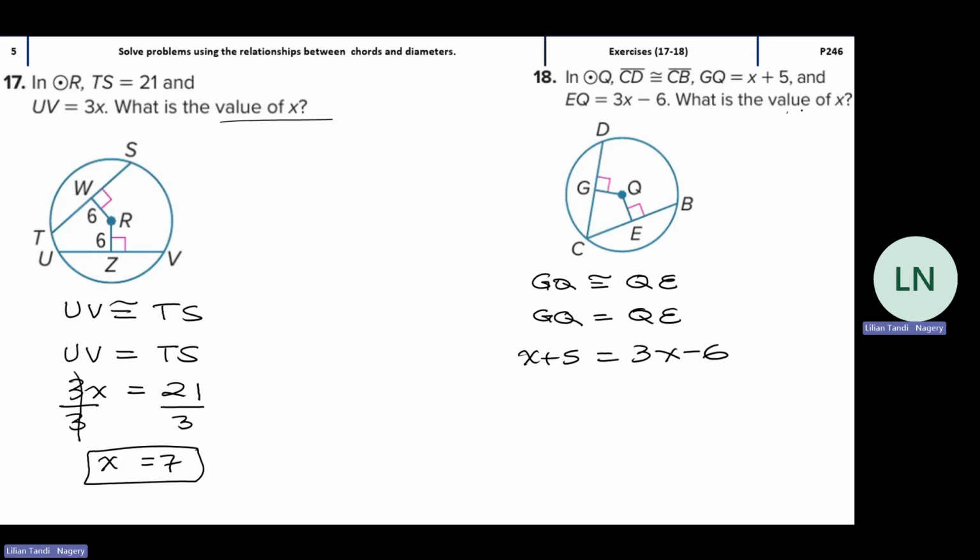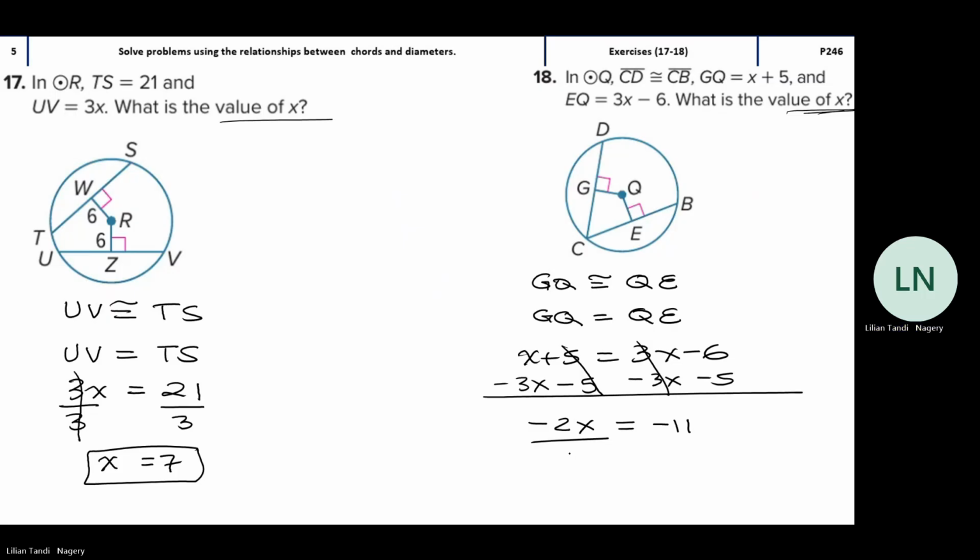And I want the value of x. So I will subtract 3x on both sides. I will minus 5 on both sides. I will get negative 2x equals negative 11. I will divide by negative 2 on both sides. I will get x equals 5 and 5/10, and I will box my answer.